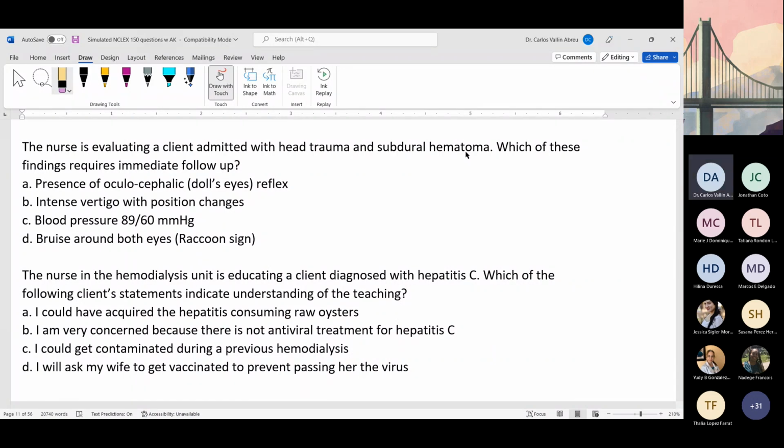B, intense vertigo with position changes. C, blood pressure 89/60. D, bruise around both eyes, raccoon sign. What is the most serious problem here? C, as in cat.